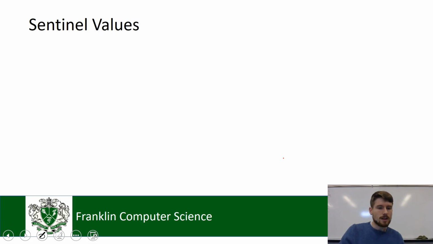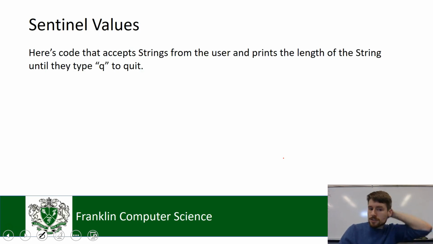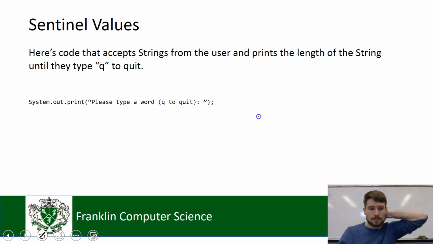Okay. So how do we use sentinel values with strings? Well, a common sentinel value is Q or capital Q if you want to quit the program. So here's code that will accept strings from the user and just print out how long they are. I don't know, could do that or something. But just accept strings, and then when they type Q, it quits out. Okay?